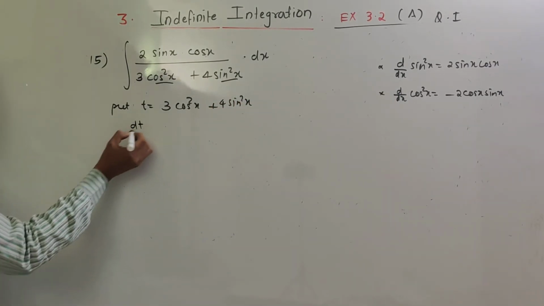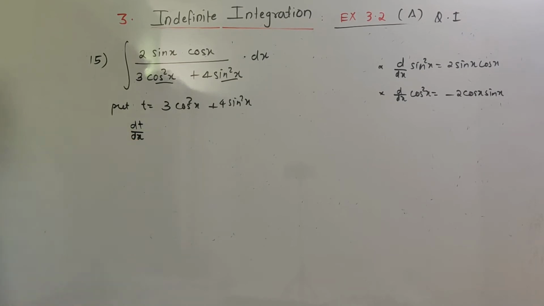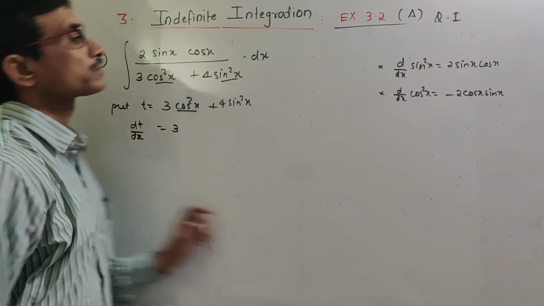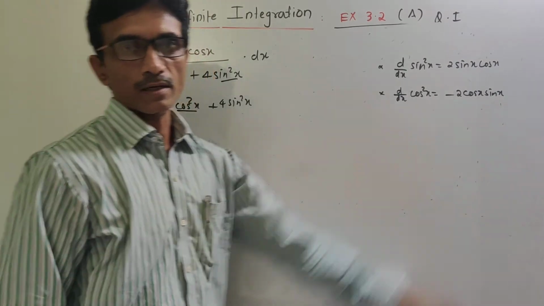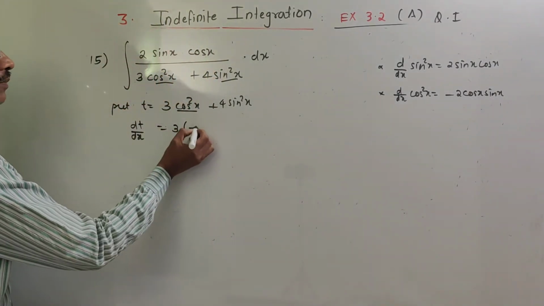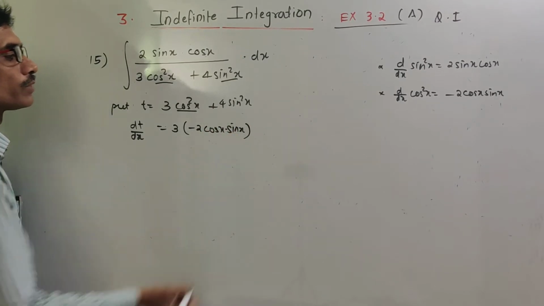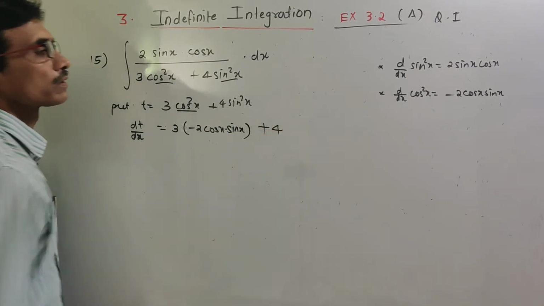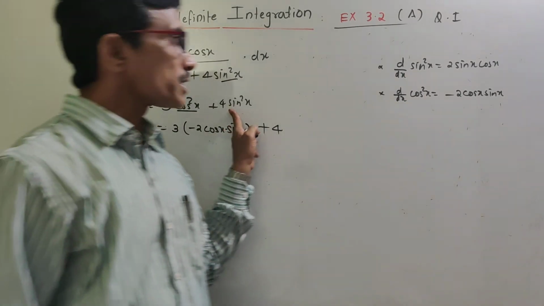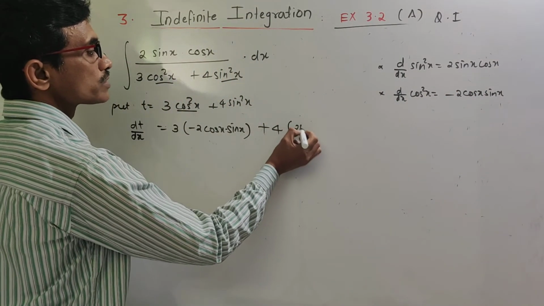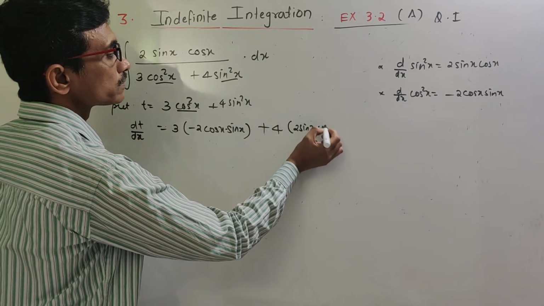Therefore dt by dx, differentiating it with respect to x: 3 into the derivative of cos square x, which is minus 2 cos x into sin x, plus 4 into the derivative of sin square x, which is 2 sin x cos x.